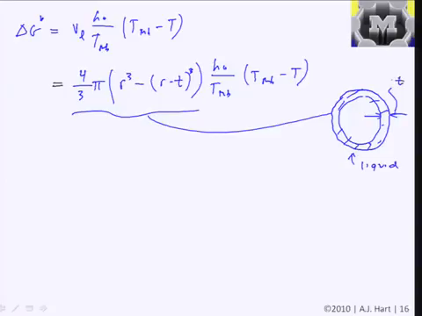Just R cubed minus (R minus t) cubed. So this is kind of our part one. And we'll save this for now. And now we'll start to look at the surfaces.